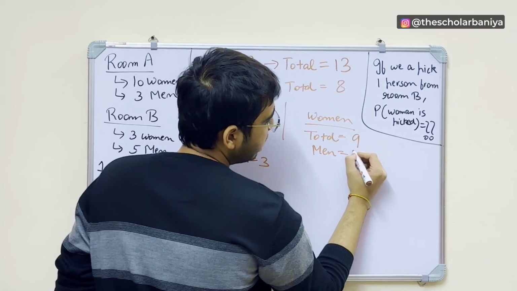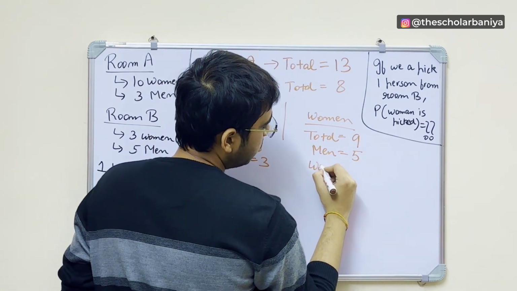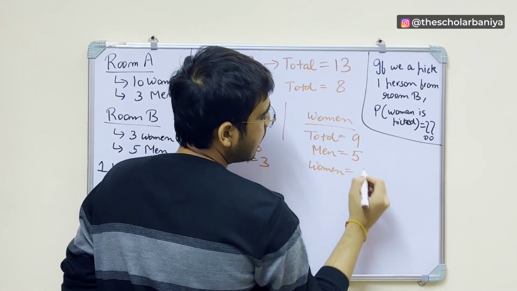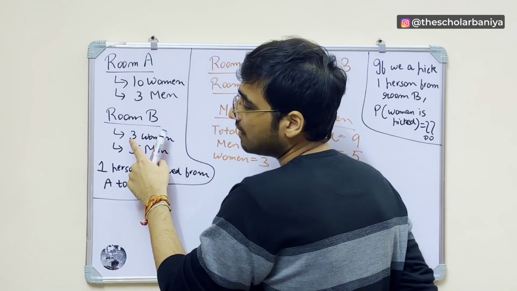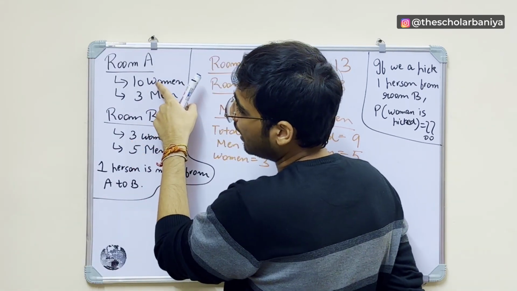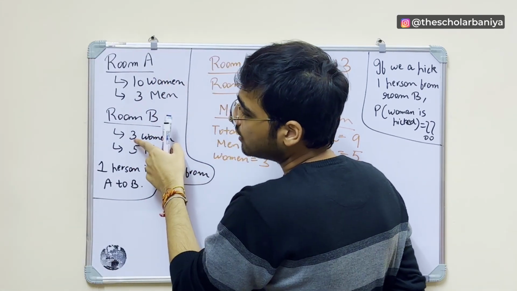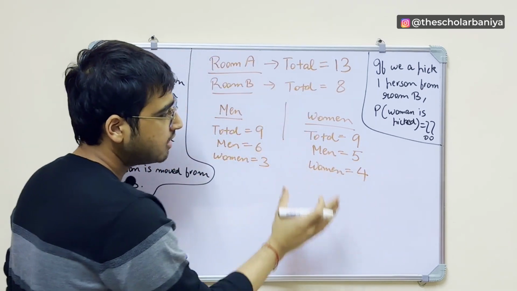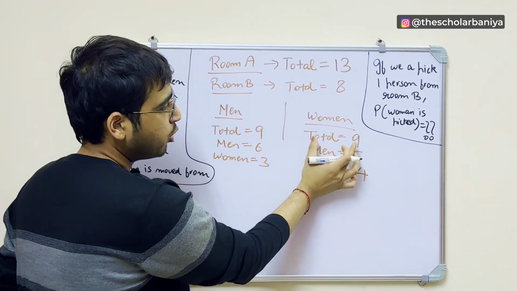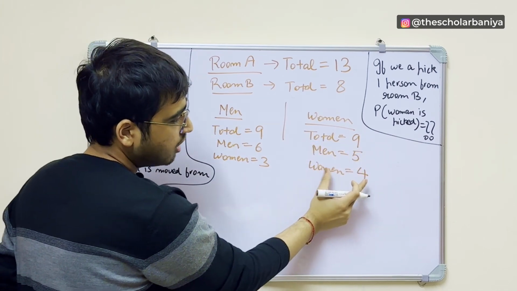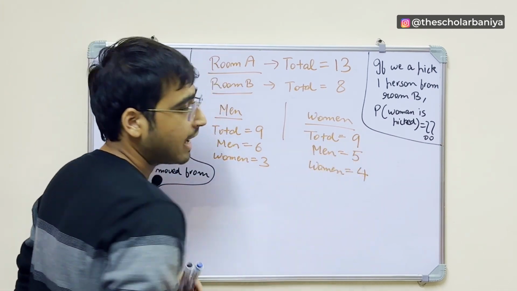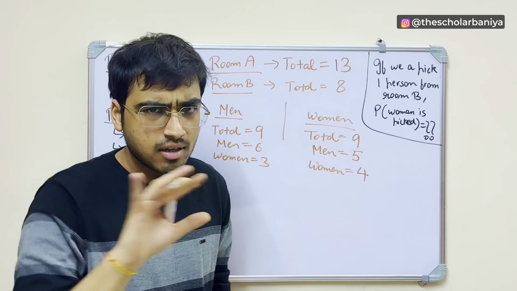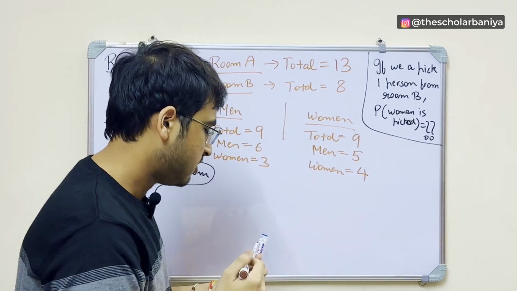Earlier there were 3 women. We transferred one woman from A to B, so there will be 3 plus 1, 4 women. So now in room B there will be a total of 9 people, in which there will be 4 women and 5 men. I hope this makes pretty good sense.